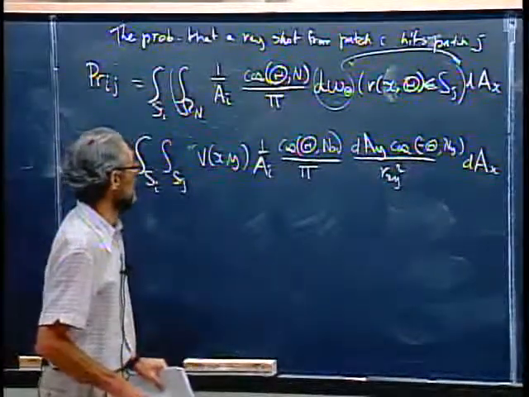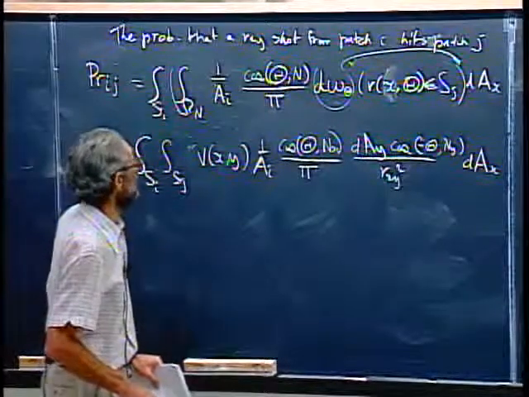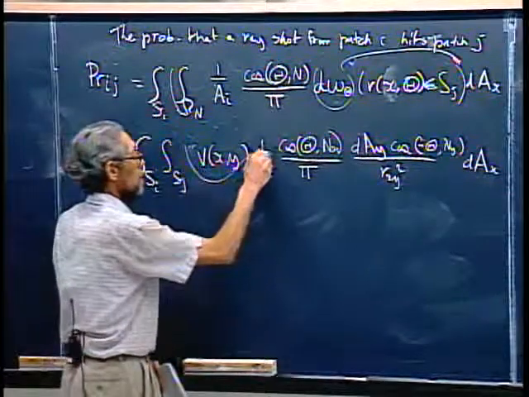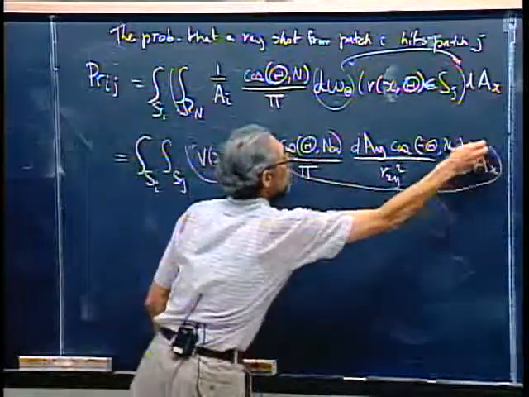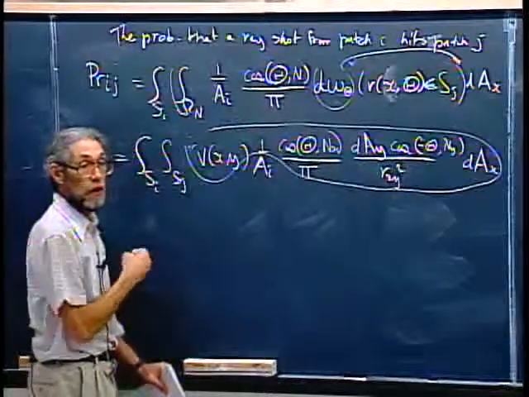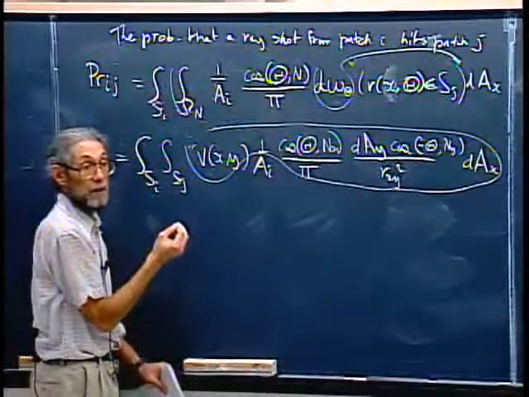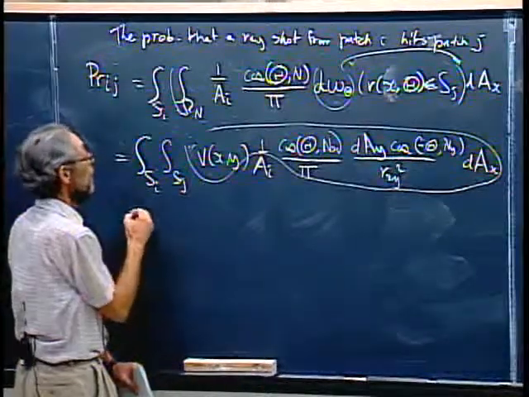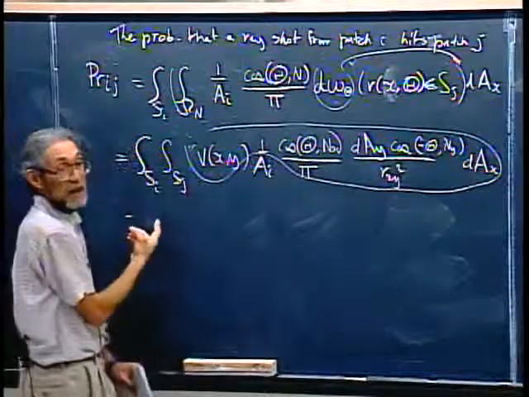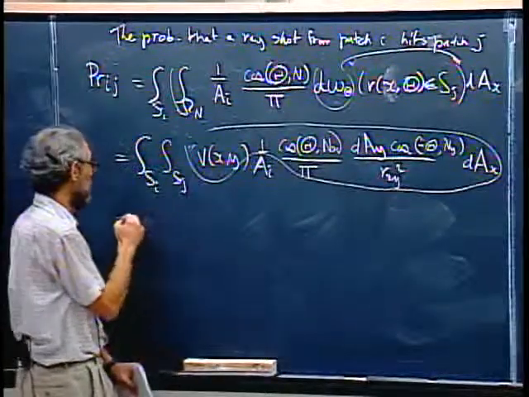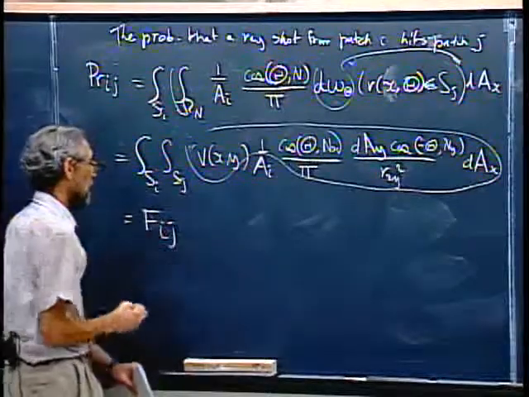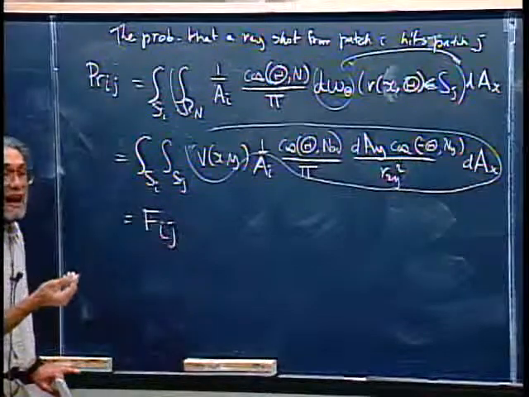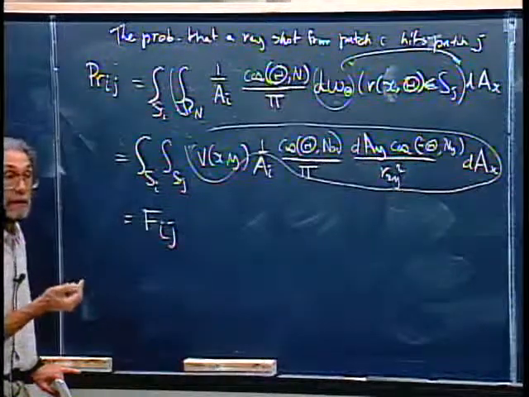So basically, this much makes the form factor integral by the definition of the form factor that I did last time. Then 1 over A was outside that integral when I wrote it last time. But this is basically the form factor Fij.